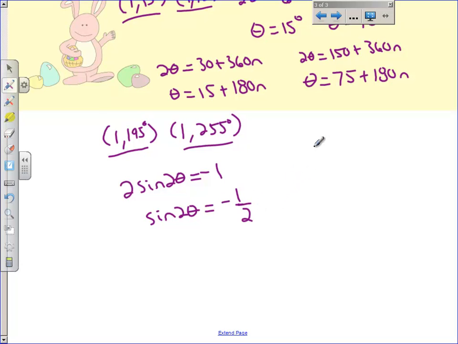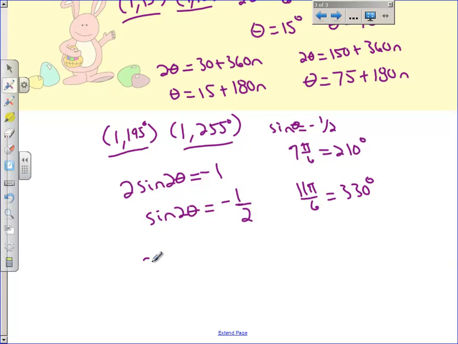Well, sine is negative 1/2 at 7 pi over 6, which is 210 degrees, and also at 11 pi over 6, which is 330 degrees.